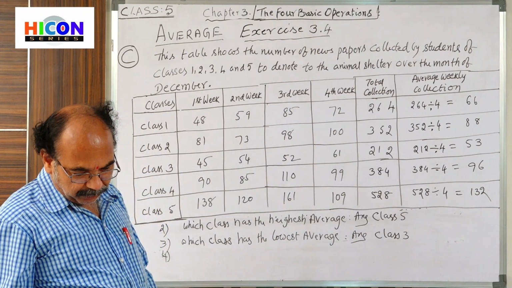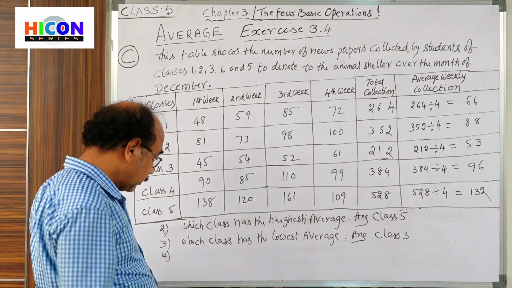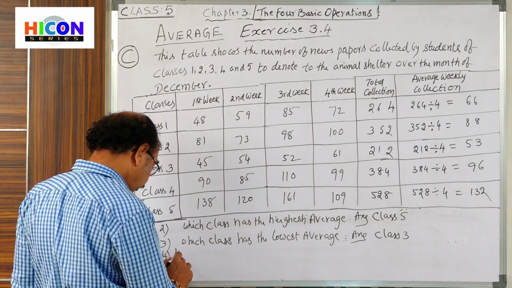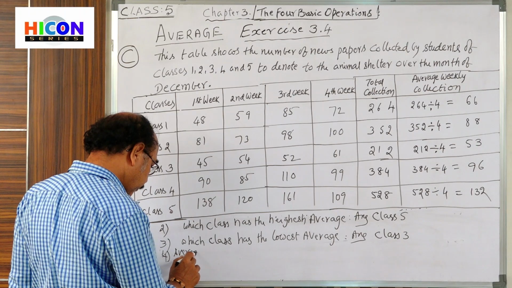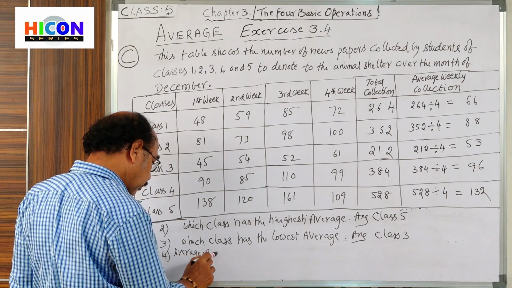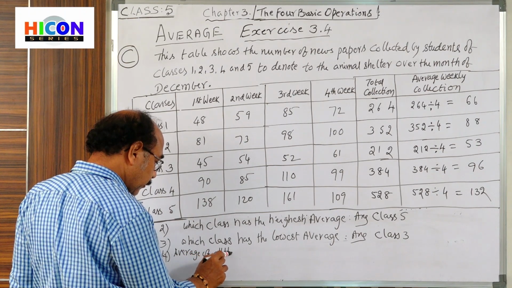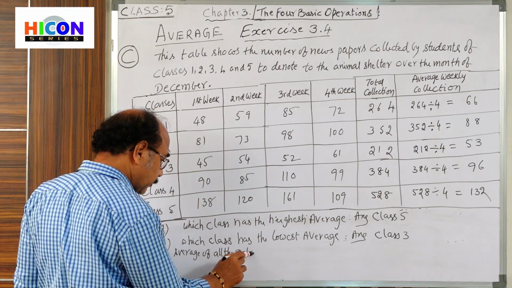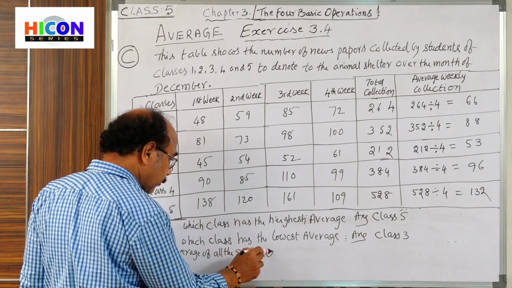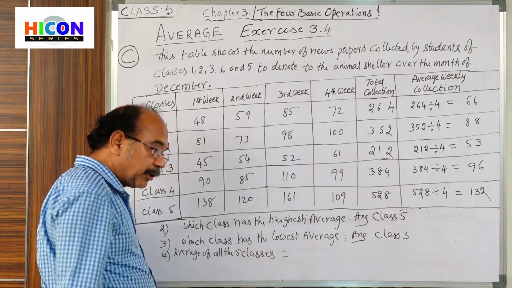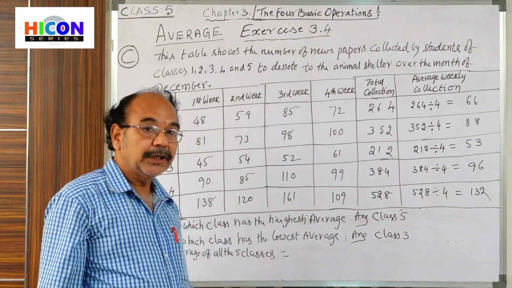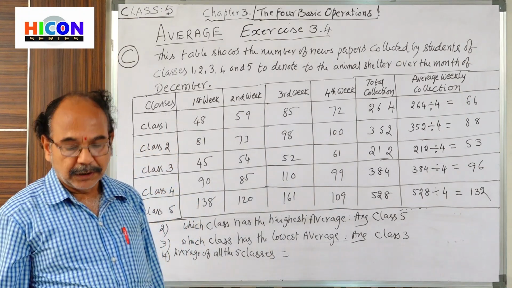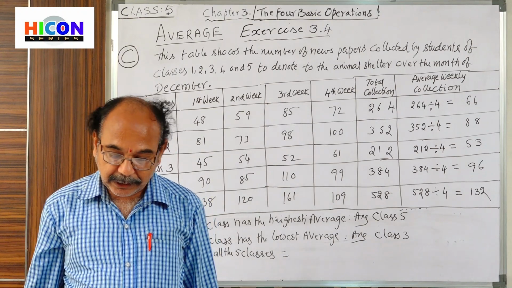What is the fourth question? Find the average of all the 5 classes. Average of all the 5 classes. How can you find here?